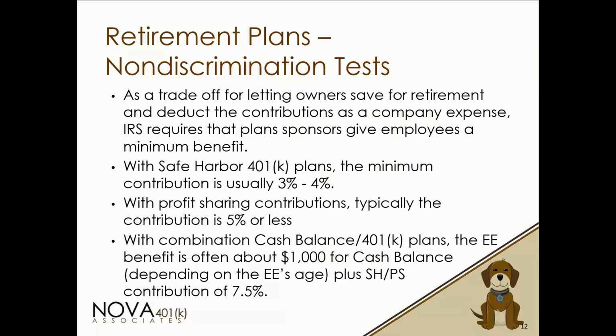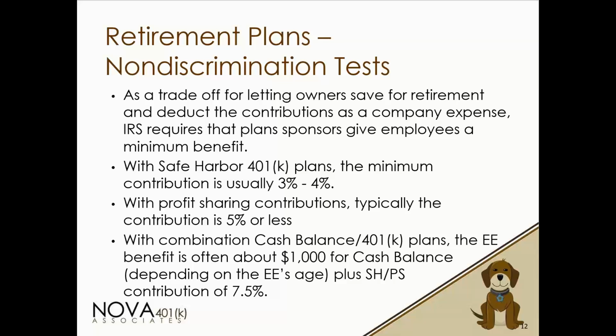So one of the things that we typically have to do is give some sort of minimum benefit to the employees, and we'll see this a little bit more in some of the examples that I have. As a guideline for a safe harbor 401k plan, typically the minimum is 3 or 4%.